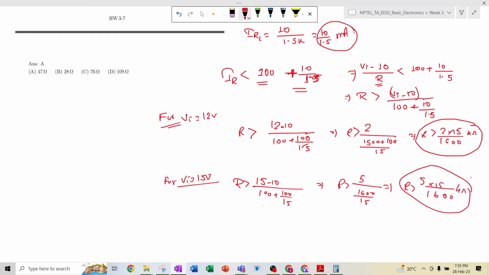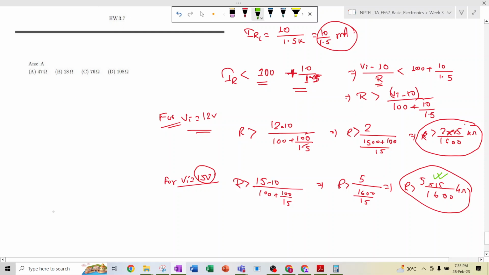Look, the lowest value, 2 into 15 by 1600, is the requirement of R for Vi equal to 12 volt, but if it operates at 15 volt also, then the value of R is much higher than this value. So we should always consider the higher value, so that the circuit can operate at a higher voltage.